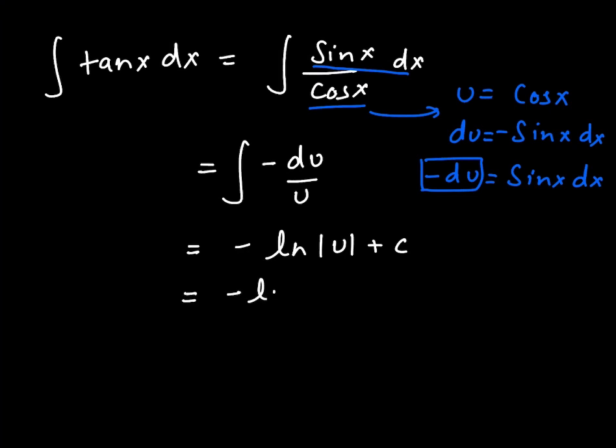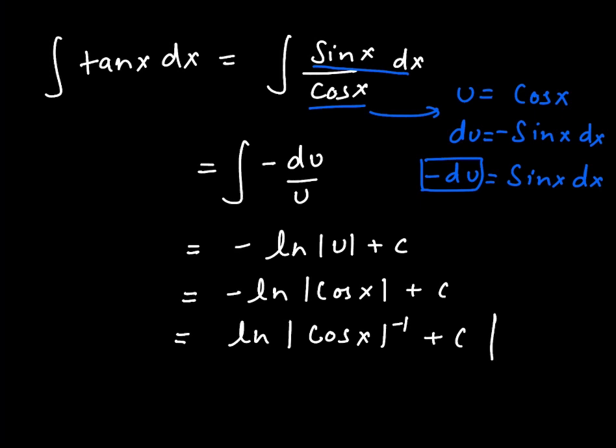Now we're going to place the value of u, so we would have minus ln modulus of cosine x plus c. Now we can also write this as ln of cosine x raised to the power minus 1 plus c, because ln a raised to the power b equals b times ln a.